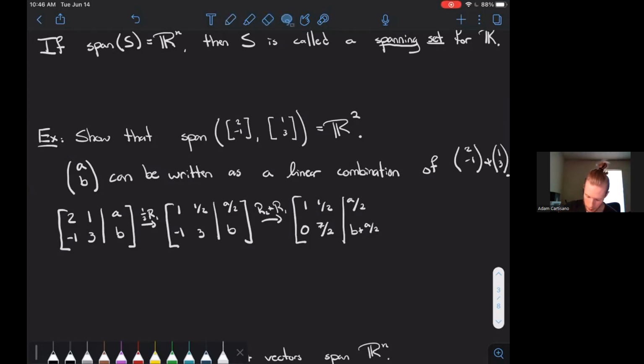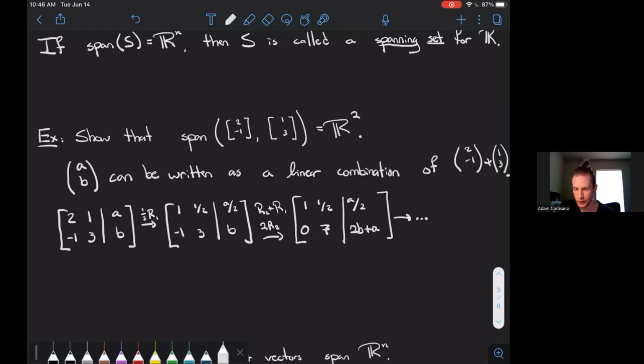While we're here, I'm going to also double row 2, so that we have just whole numbers, right? So 7/2 doubled will become 7. And B plus A over 2 doubled is going to be 2B plus A. Okay, and so on.